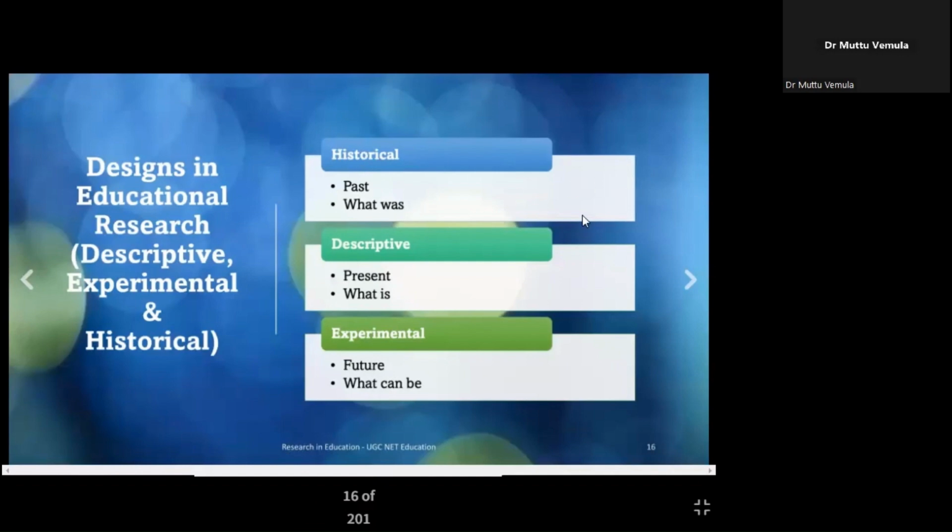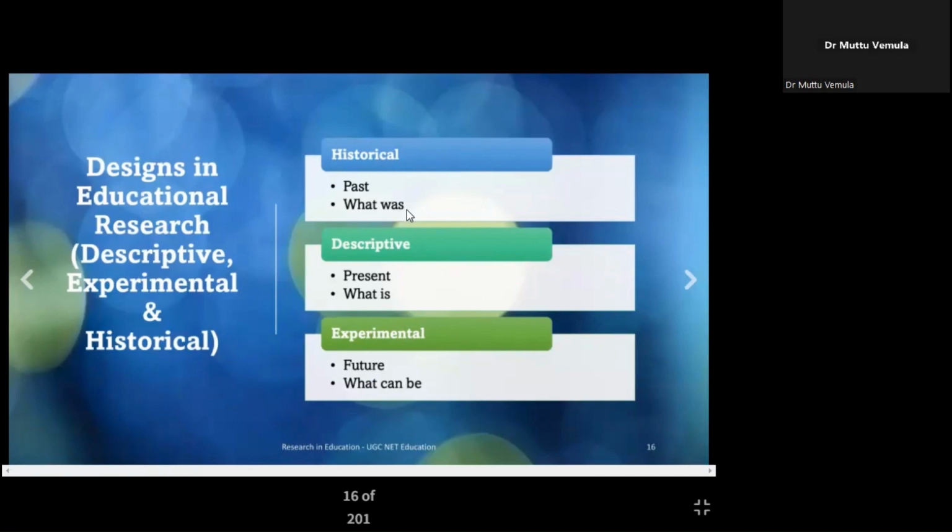What was the budget given for Indian schools between 1930 and 45? This kind of study belongs to the following design of research: historical, descriptive, experimental, all the above. Yes, once again it is past, therefore it is historical. It is talking about what the budget was at that time.